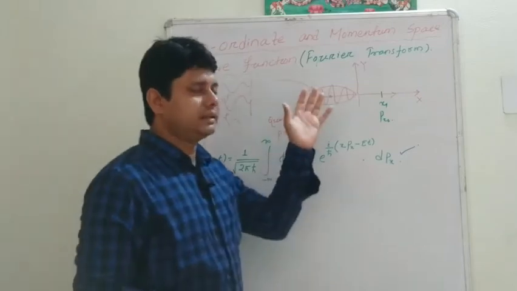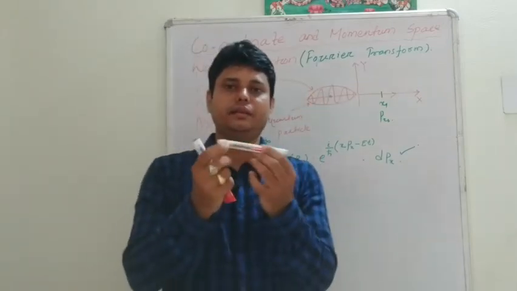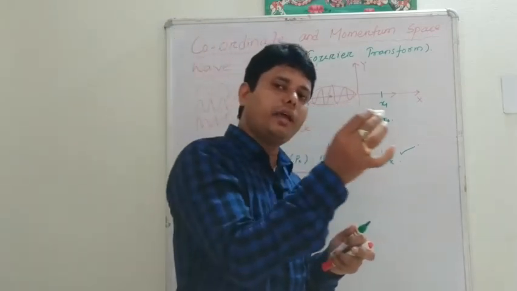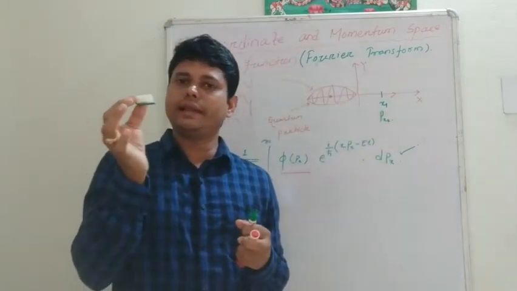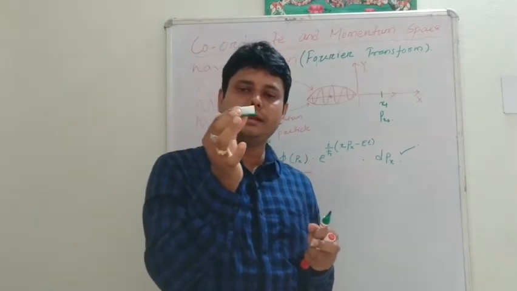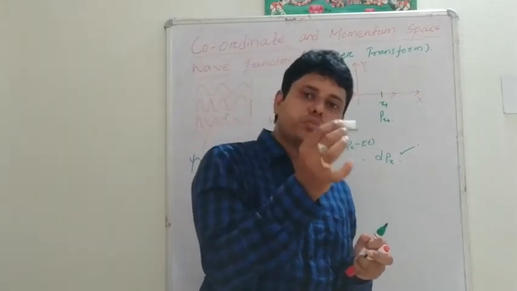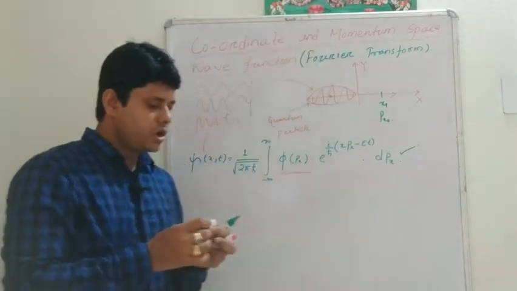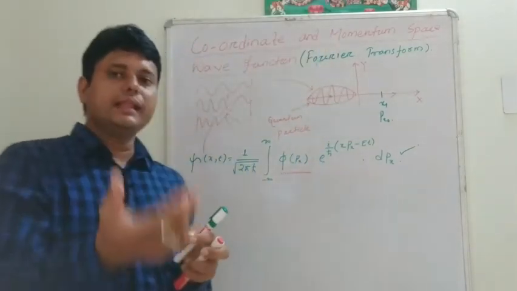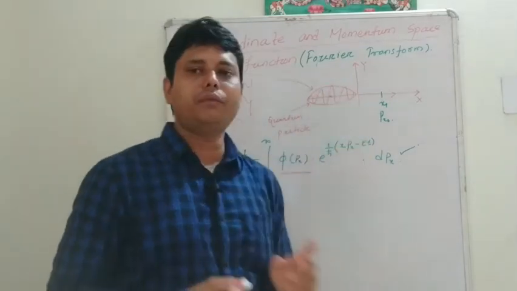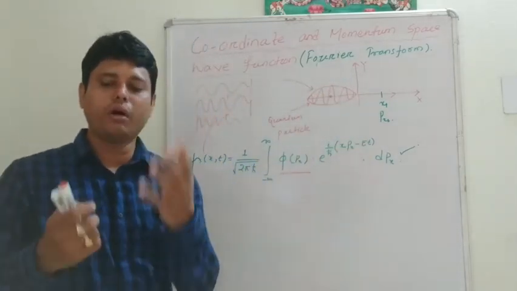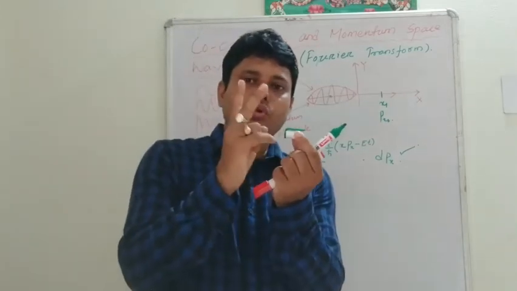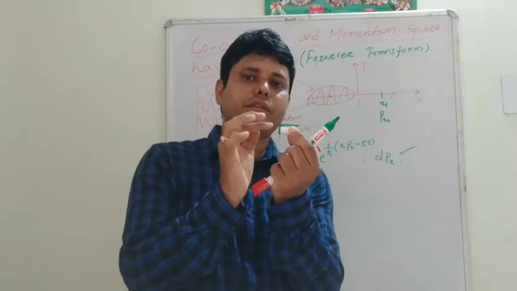If a quantum particle is moving along the x-axis, then at each and every time it has a position and a corresponding momentum at that point, right? So we can say two coordinate systems are associated with this particle.